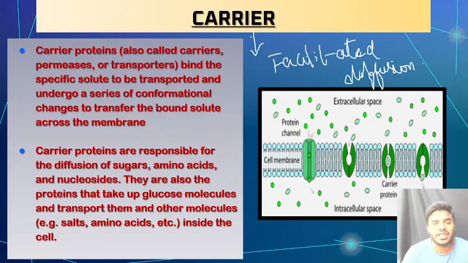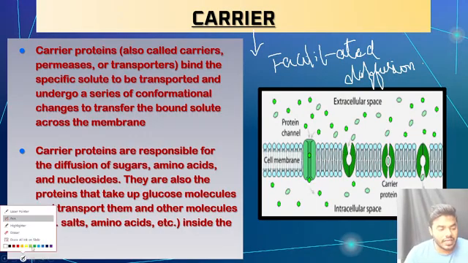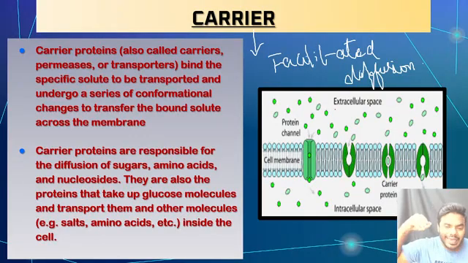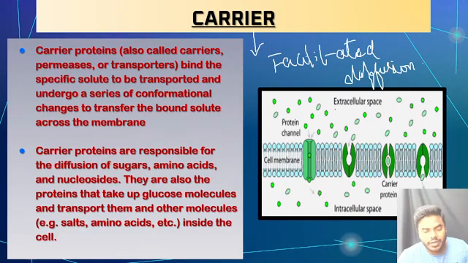And listen to me very carefully, friends. All of you understand, this is a particular carrier, right? Look into this. Certain ions or molecules cannot cross the plasma membrane. That particular ion or molecule which cannot cross the plasma membrane, its movement can be facilitated by a particular carrier molecule.